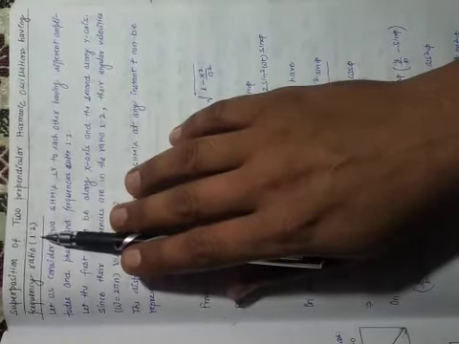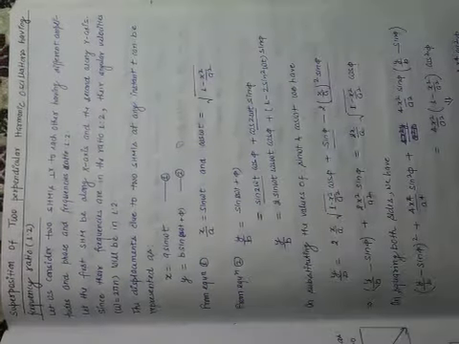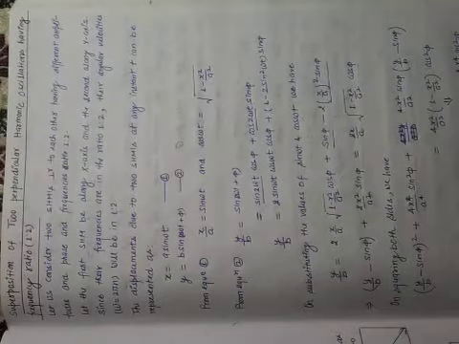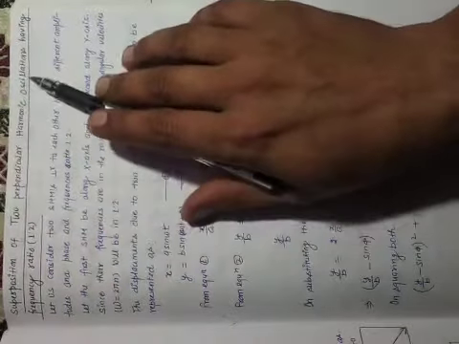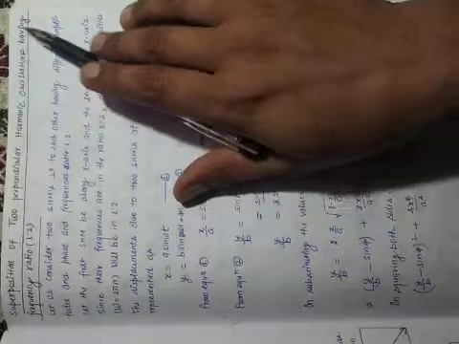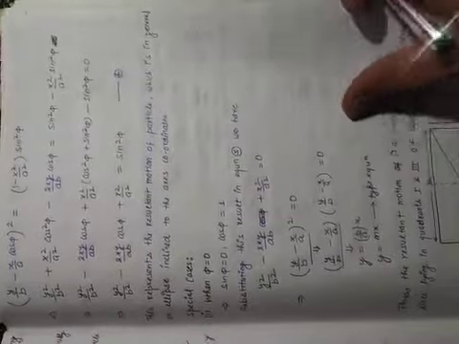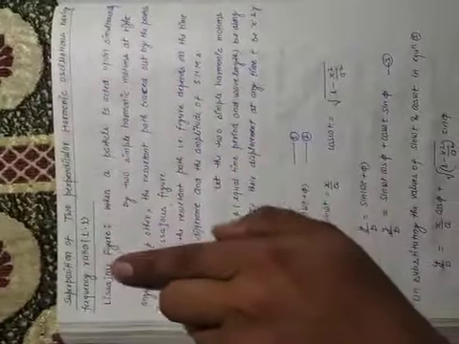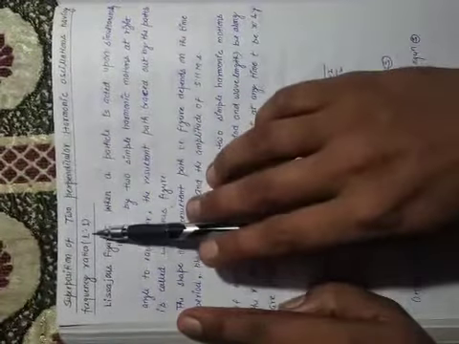This is our topic. And in our previous lecture, we were discussing the topic of superposition of two perpendicular harmonic oscillations having equal frequencies, that is, frequency ratio 1:1.